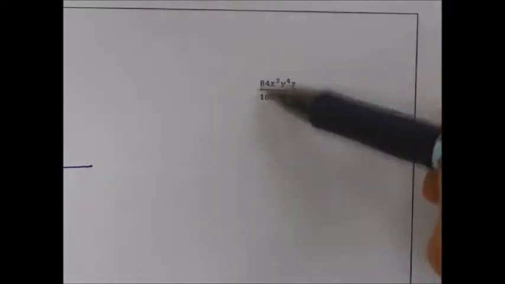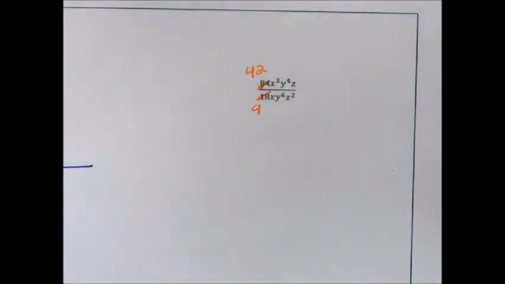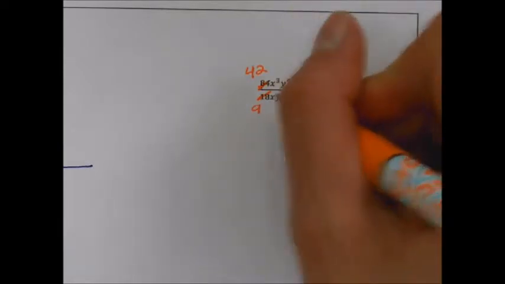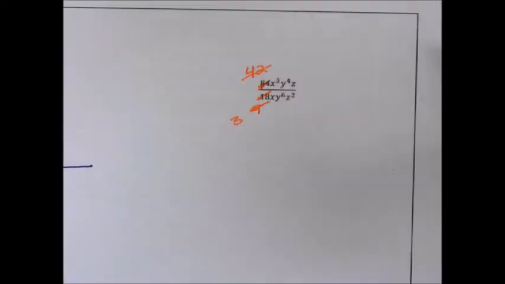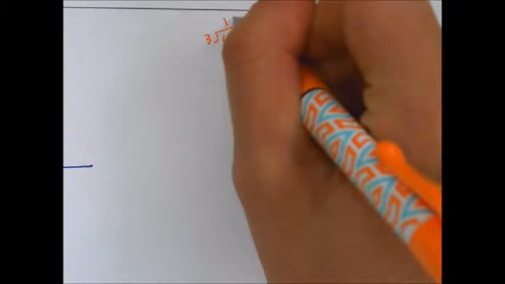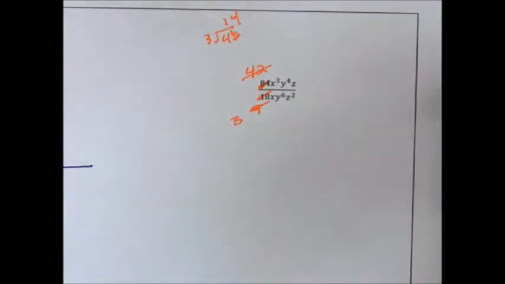we just have a bunch of monomials, so we're just going to reduce the fractions and subtract our exponents. What goes into 84 and 18? Let's try 2. That gives me a 9, that gives me a 42. What else? I can do 3, so I'm going to divide by 3, so that gives me 3. 42 divided by 3 is 14.